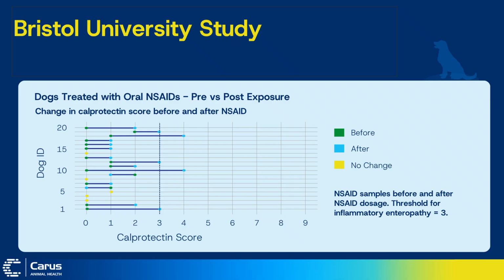Now, that's a dog that I would be much more concerned about and be thinking, okay, do we need to have a discussion about potentially a more gastroprotective NSAID, or one with a shorter half-life, for example? Of course, we would need to have a washout period between using them.